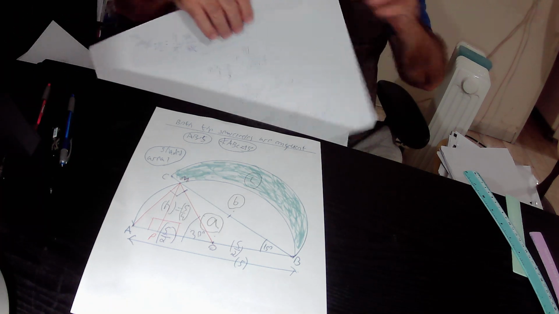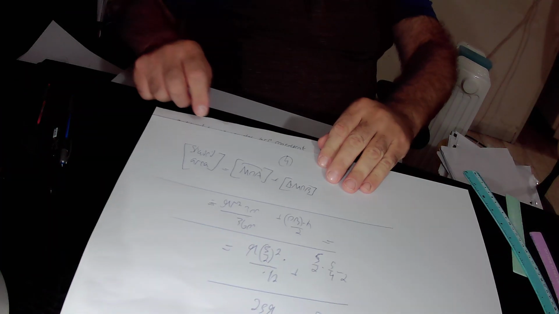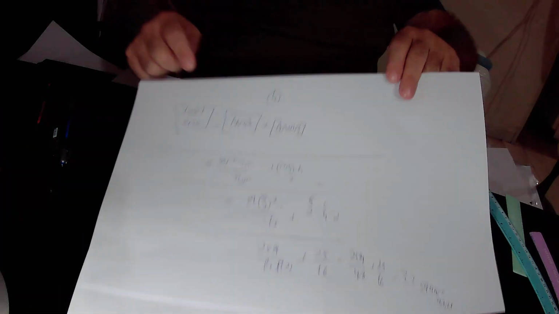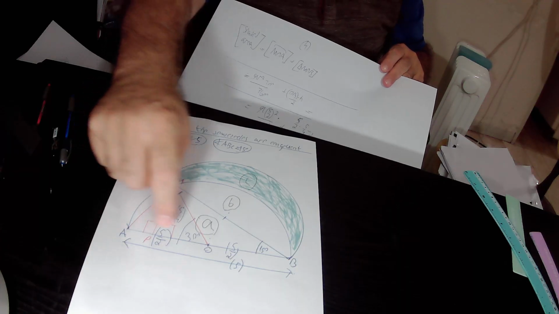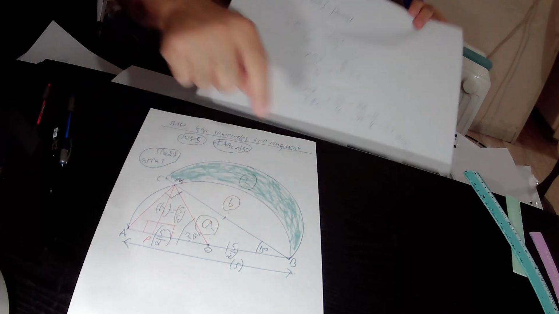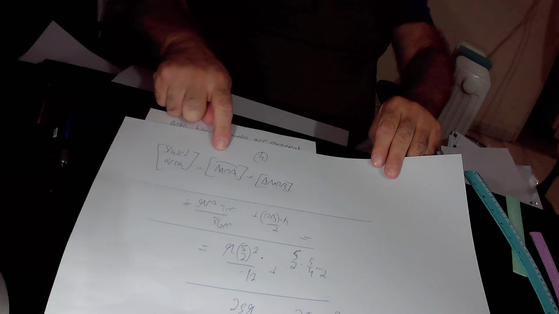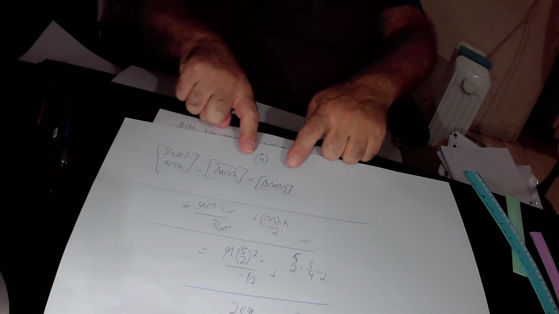So the area of the shaded region in total must be equal to the area of sector AMO plus the area of triangle MOB.